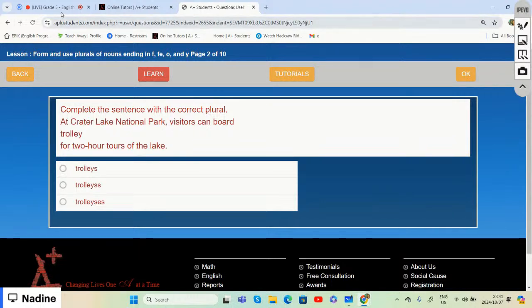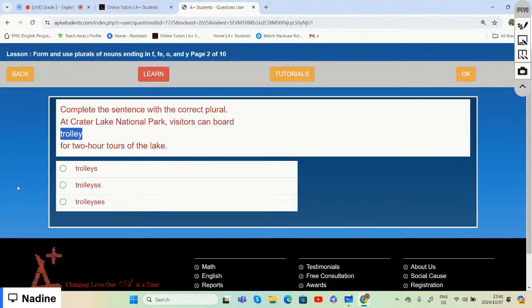The next one says at Crater Lake National Park, visitors can board trolley for 1 hour tours of a lake. So trolley, if we want to show the plural form of trolley, is it option one trolleys, option two trolleys, or option three trolleys?